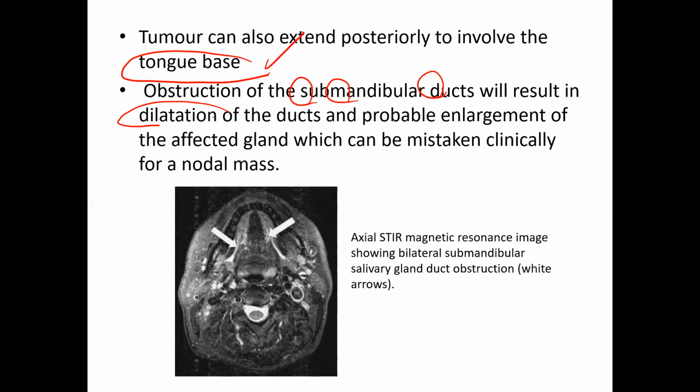This causes dilation and enlargement of the gland, and sometimes we feel that it is a nodal mass. This should be kept in mind; sometimes it is a masquerading feature. In this picture, the axial still image shows bilateral submandibular gland duct obstruction. You could see the duct obstruction here.